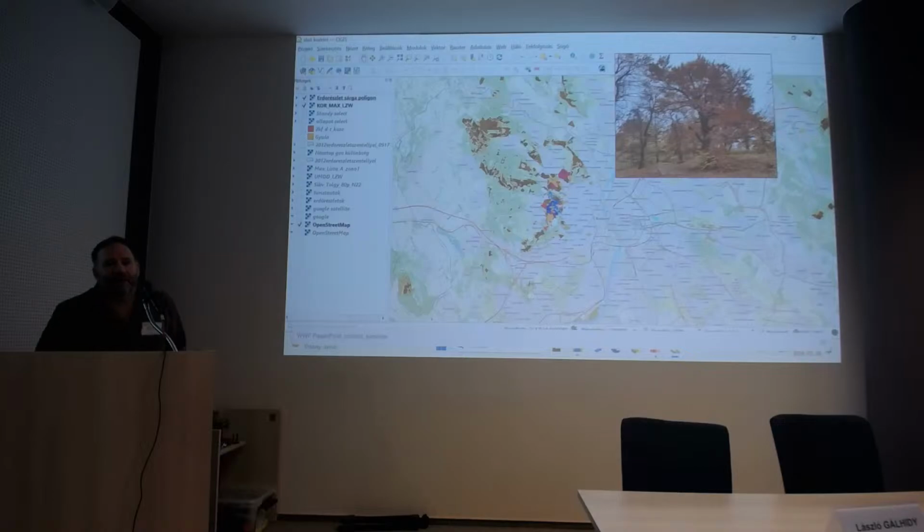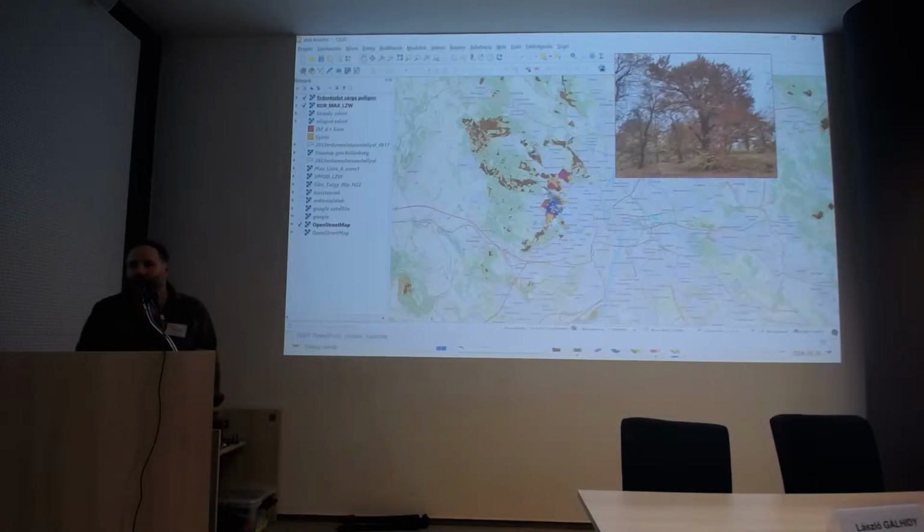This is an old recreation area. So near Budapest, you will find very mixed forest with trees older than 200 years. And these paler colors are just showing 160 years, or the yellows are 140, but still they look like old-growth forest.